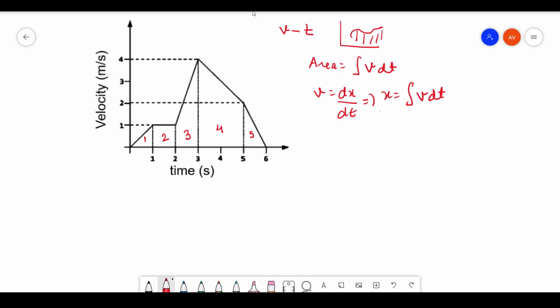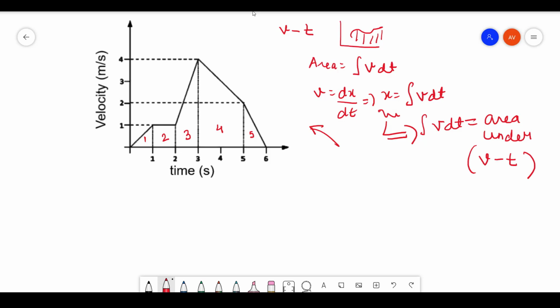Therefore your total distance traveled during some time interval is given by the integral, which is again the area under the curve v-t. So this is how we come to the conclusion that the area under this curve gives us the total distance or the displacement of this particle.